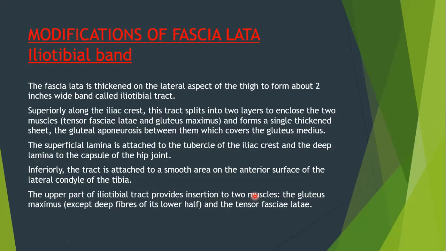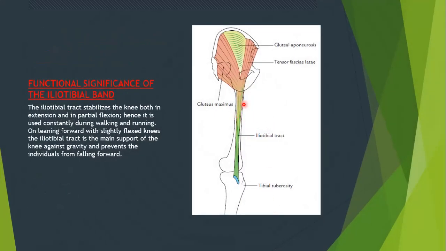So maybe as the name says for this muscle, tensor fascia lata, it will tense the fascia lata. Now, here it is. As you can see here, it is splitting to enclose gluteus maximus and the tensor fascia lata. Then in between you have the gluteal aponeurosis, which will cover the superficial surface of gluteus medius muscle.